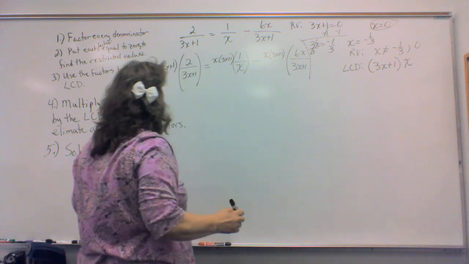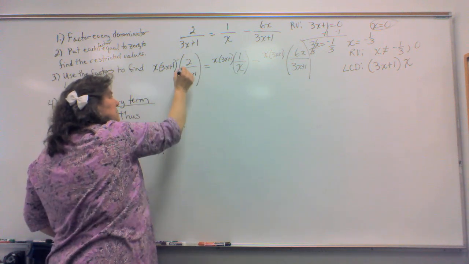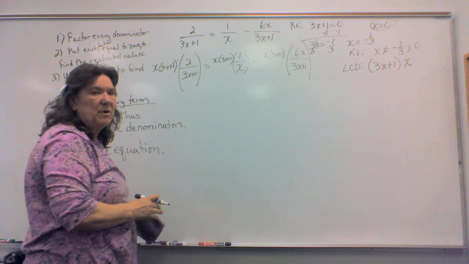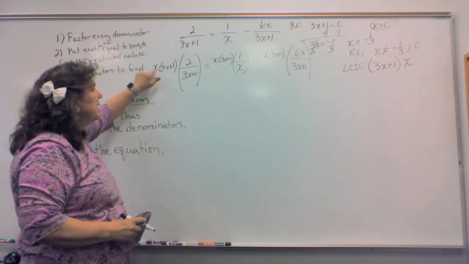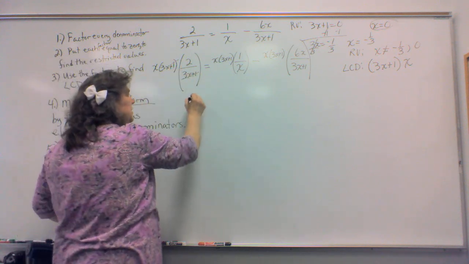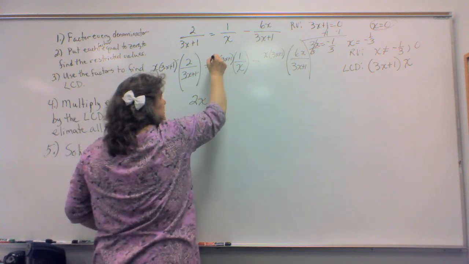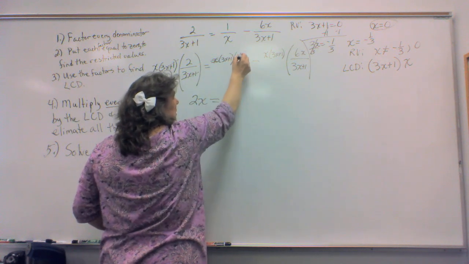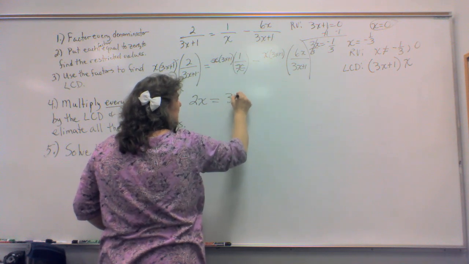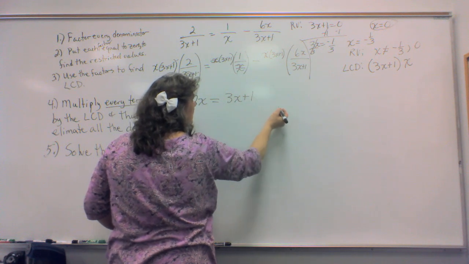Okay? Now, 3x plus 1 cancels with 3x plus 1. And you're left with x times 2, which gives you 2x equals. X cancels with my x, leaving me 1 times 3x plus 1.